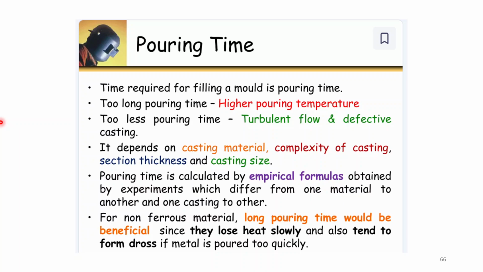Pouring time is calculated by empirical formulas obtained by experiments, which differ from one material to another and one casting to another. For non-ferrous materials, a long pouring time would be beneficial since they lose heat slowly and also tend to form dross if metal is poured too quickly.